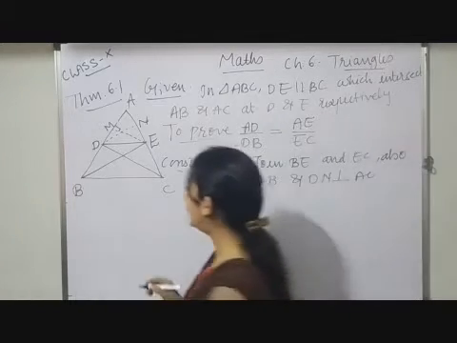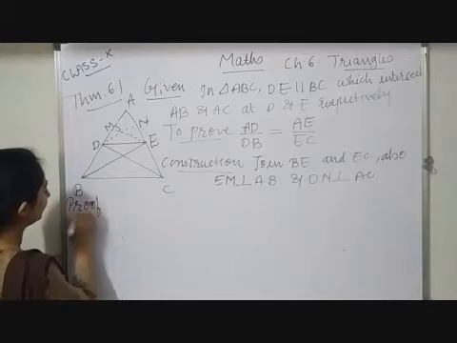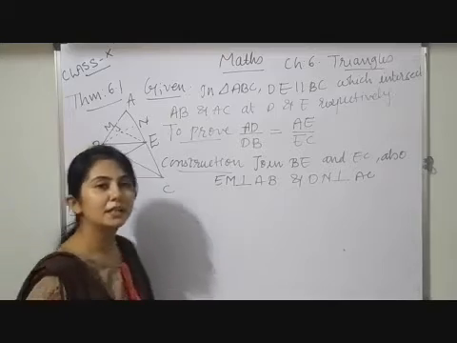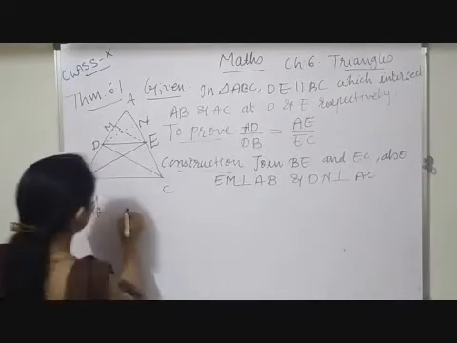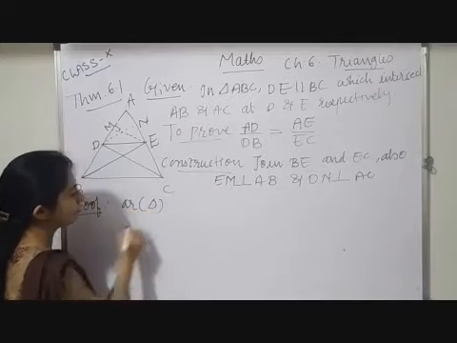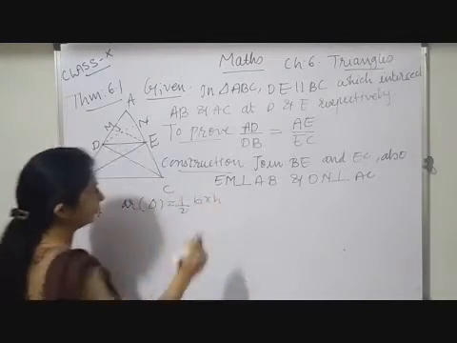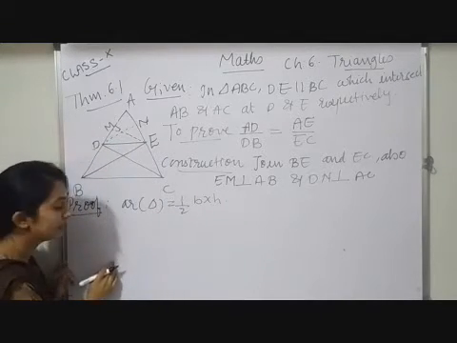Now here I am going to prove it. How to prove it? Proof. You have studied the area of a triangle. What is the formula for the area of a triangle? This formula you have studied: half base into height. If I apply this formula in triangle ADE, what will happen?